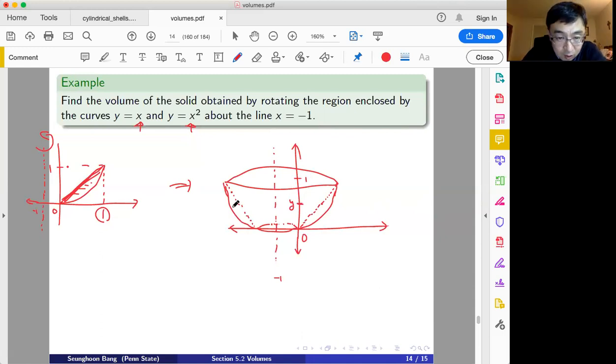What happens? With a horizontal plane, we have this cross section. The outside one has a big circle and the inside one has a small circle. So like this, we have a washer. Here we have a washer.